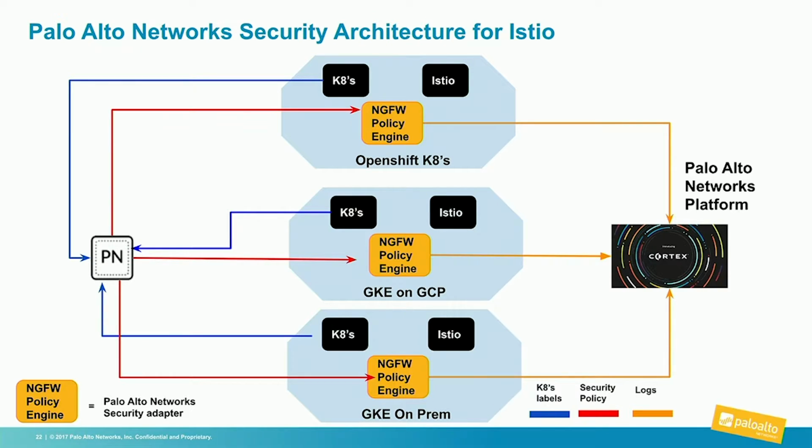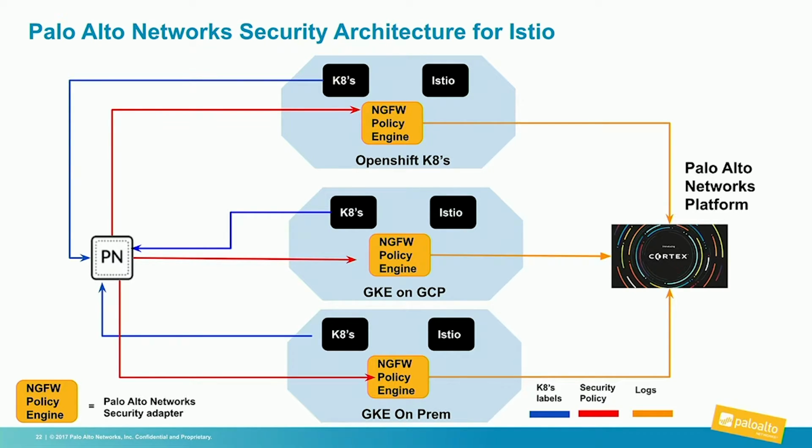Before we get into the demo, another salient aspect of this solution is that we can now use a unified security posture, that is Panorama, and apply security policies and provide visibility across heterogeneous environments.